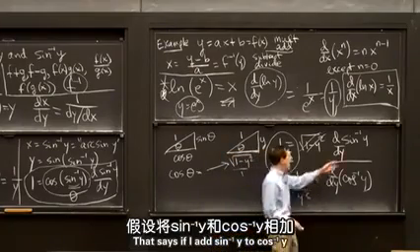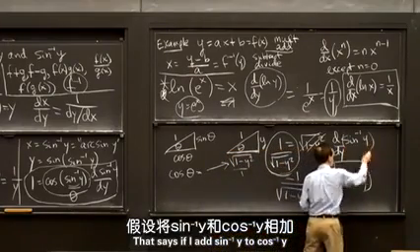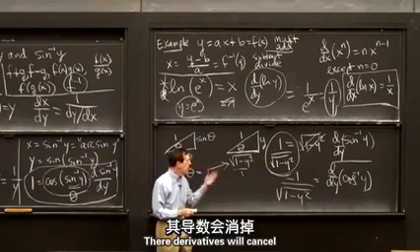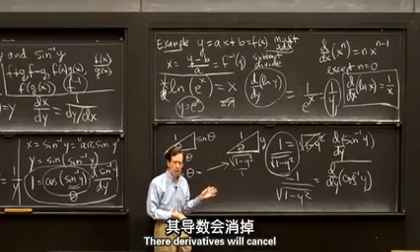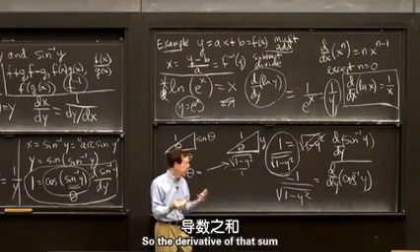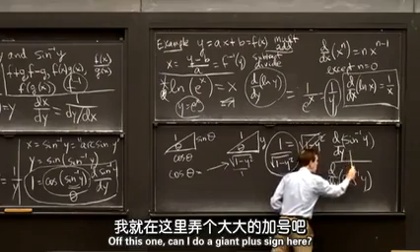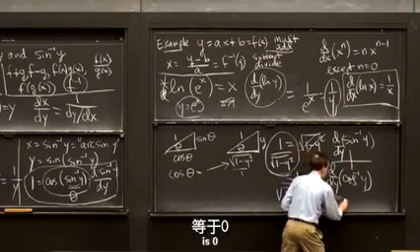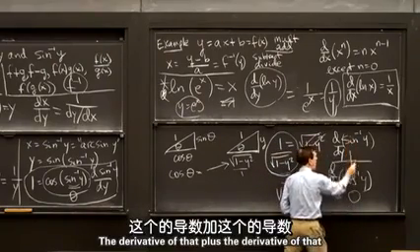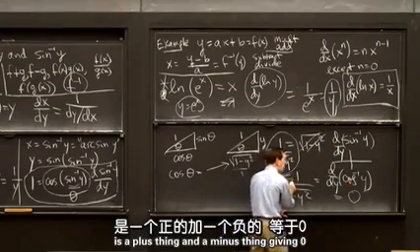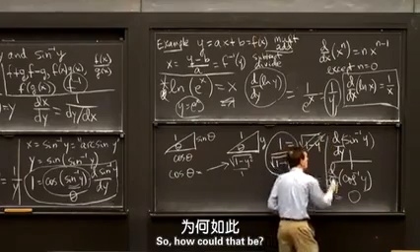That says that if I add sine inverse y to cosine inverse y, their derivatives will cancel. So the derivative of that sum is 0. The derivative of that plus the derivative of that is a plus thing minus and a minus thing giving 0. So how could that be?